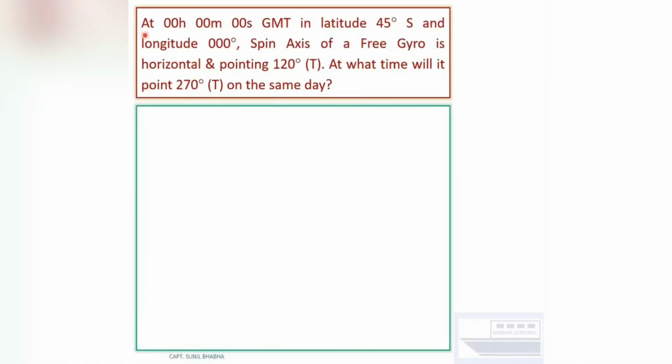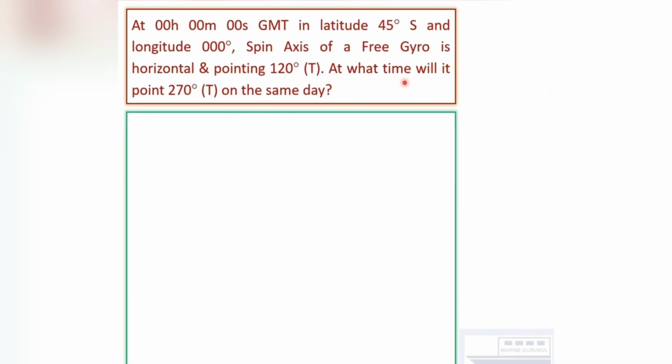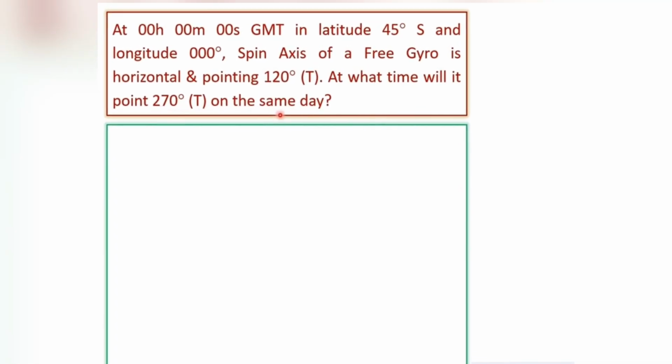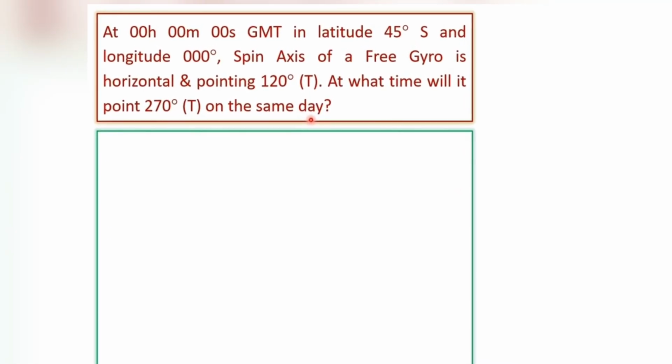The question says, at 00 hours 00 minutes and 00 seconds GMT, in latitude 45 degrees south and longitude 000 degrees, the spin axis of a free gyro is horizontal and pointing in a direction of 120 degrees true. At what time will it point 270 degrees true on the same day?